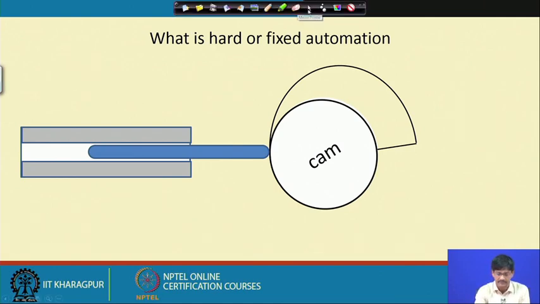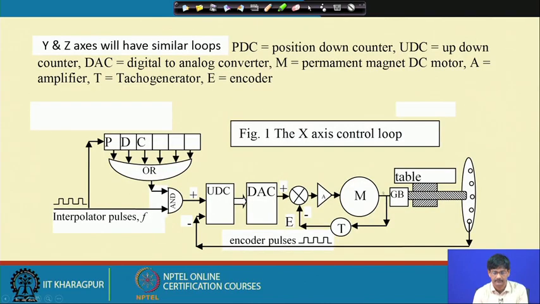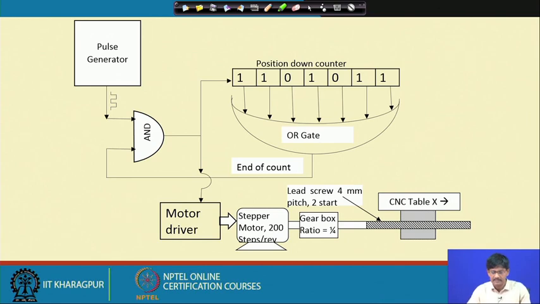So, to proceed, this is an example of what goes inside the CNC machine, and this is an example of point to point control. So, I will just write it down here for your reference.